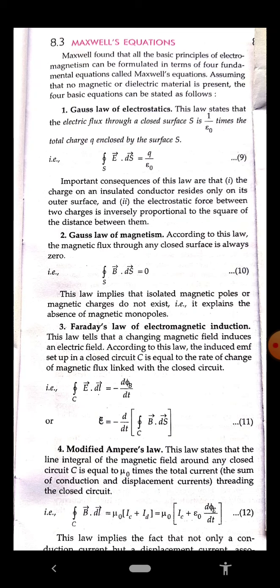Explain them. Or the other form of this question is how Maxwell was able to give the result that a magnetic field can be produced with a changing electric field.